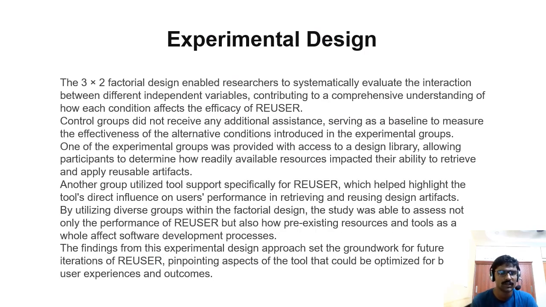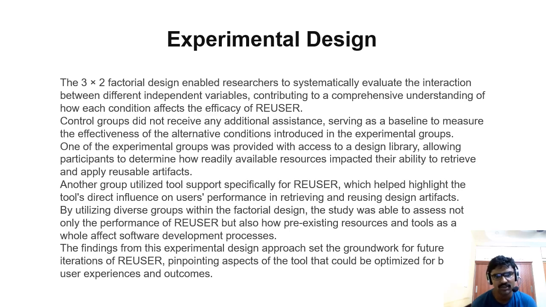So the 3 by 2 factorial design enabled researchers to systematically evaluate the interaction between different independent variables, contributing to a comprehensive understanding of how each condition affects the efficiency of reuser. Control groups did not receive any additional assistance, serving as a baseline to measure the effectiveness of alternative conditions introduced in experimental groups.